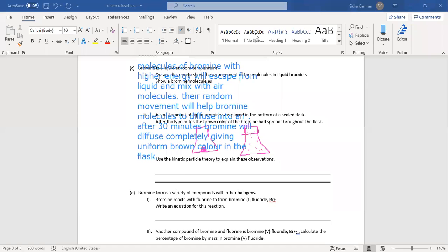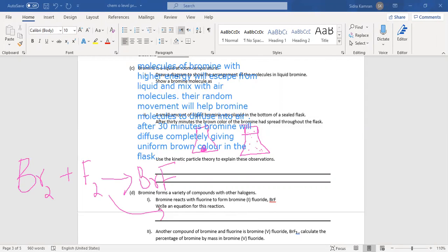Here I am writing bromine. As we know, bromine has the symbol Br. So bromine atoms do not exist alone. You have to write the bromine molecule Br2 plus fluorine molecule F2. They will react together and will give you bromine fluoride. This will be the equation for this question.